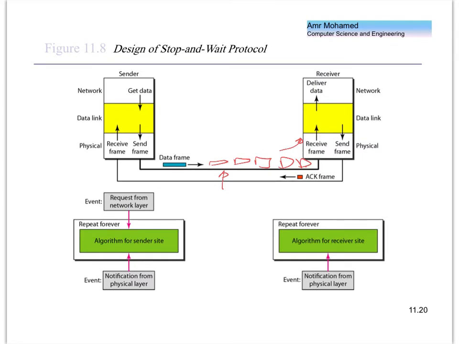To solve this problem, we have the stop and wait protocol. In the stop and wait protocol, when the sender sends the frame, it has to wait for acknowledgement before it can send another frame. This is very important. So here you have two events on the sender side, and only one event on the receiver side.